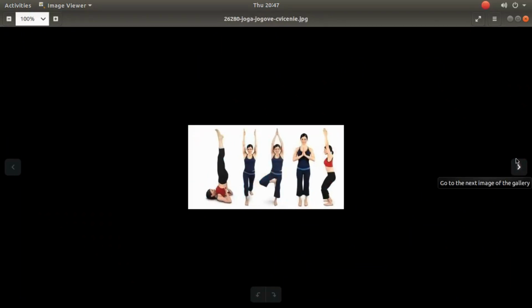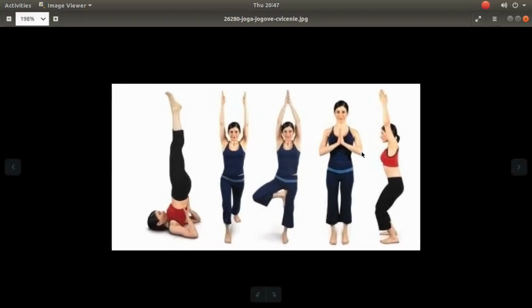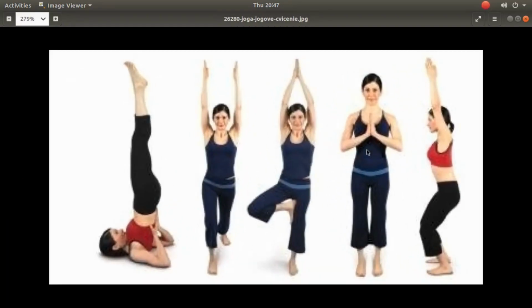Now, to keep ourselves healthy, yoga is also a way that keeps our body fit and healthy. These are the various positions of yoga.